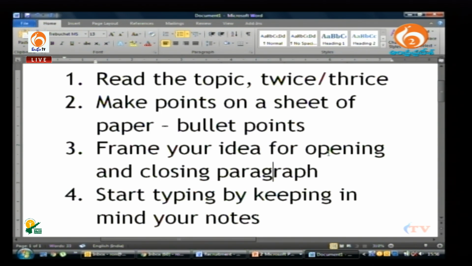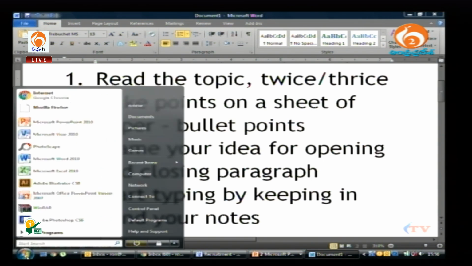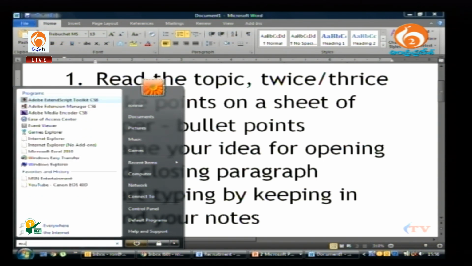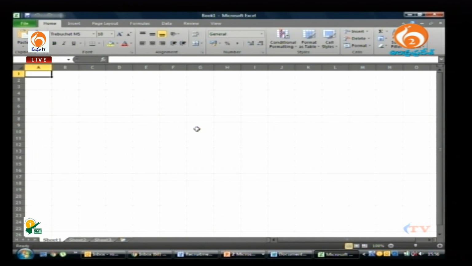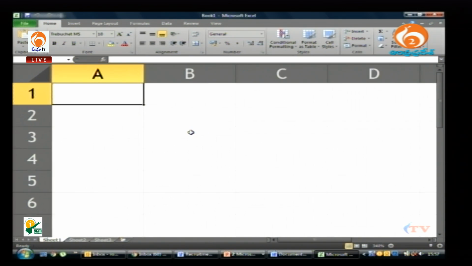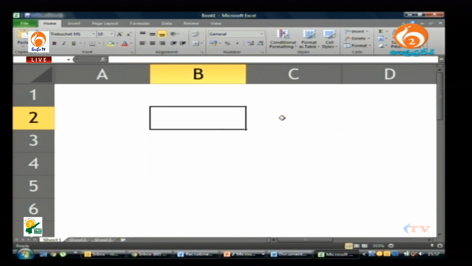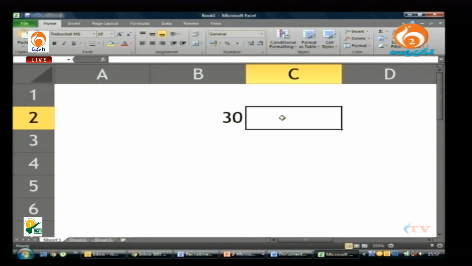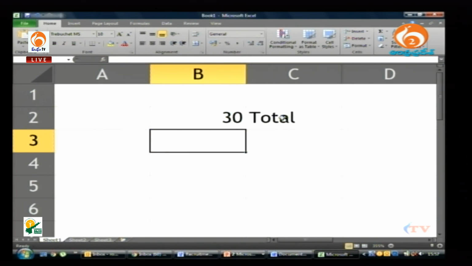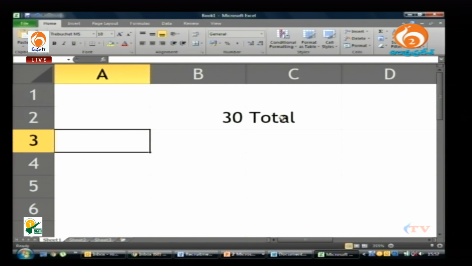Now, how should you allocate the time? All right. Now, I am going to give you a very easy way of doing this. I am just opening an Excel sheet so that this is easier for all of you to understand. Total time is 30 minutes. So, that is the total time that is given to you.